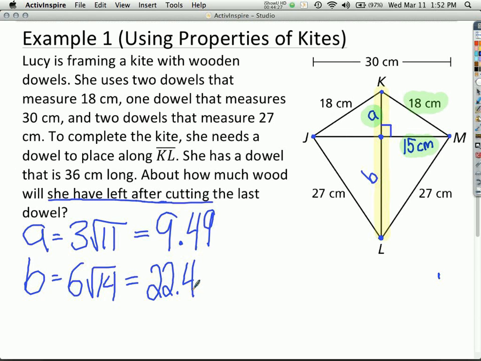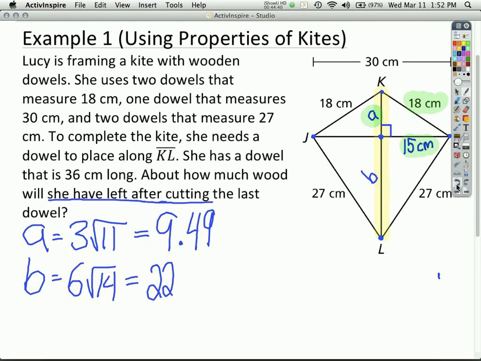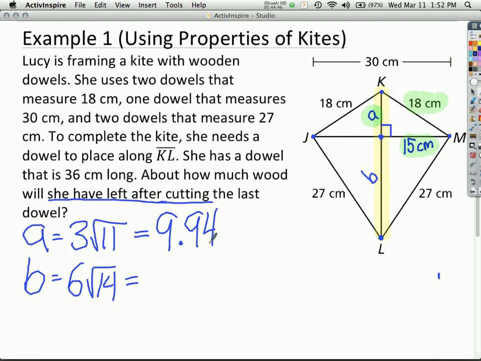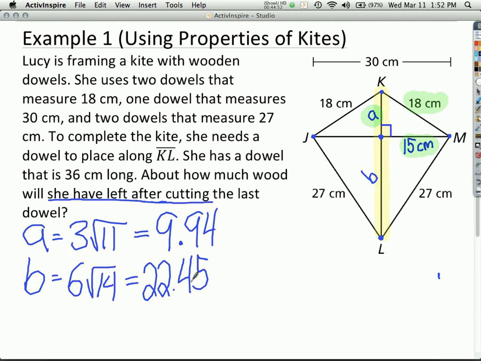Okay, 22.4. We'll have to go with that for the moment. So, is that right? No? Oh wait, the first one is 9.94. Yeah. And what's this one? 22.45.